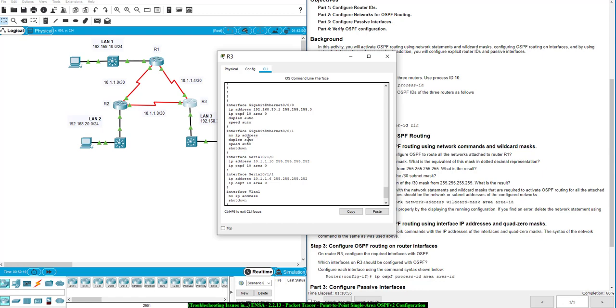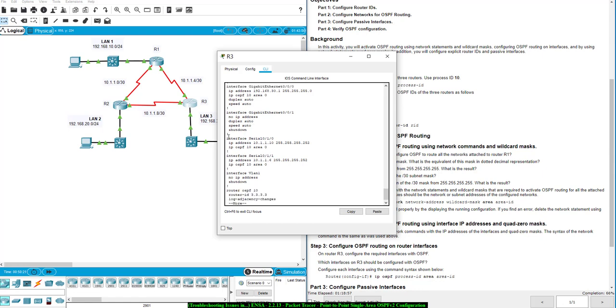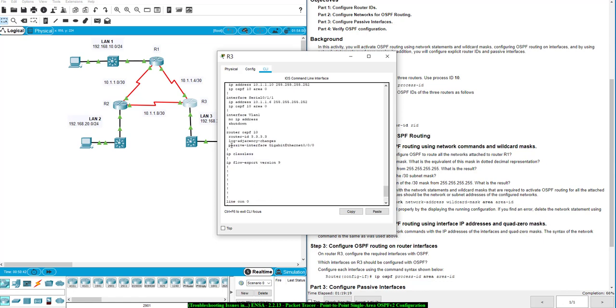This one doesn't have anything connected to it. This is another interface. All right, ip ospf area 0, that's fine. In this last one, 0/0/1, it has an ip ospf 10 area 0, so that's fine. Down here in router ospf 10, he's configured the router ID, which is all 3s, and that's really it for us.